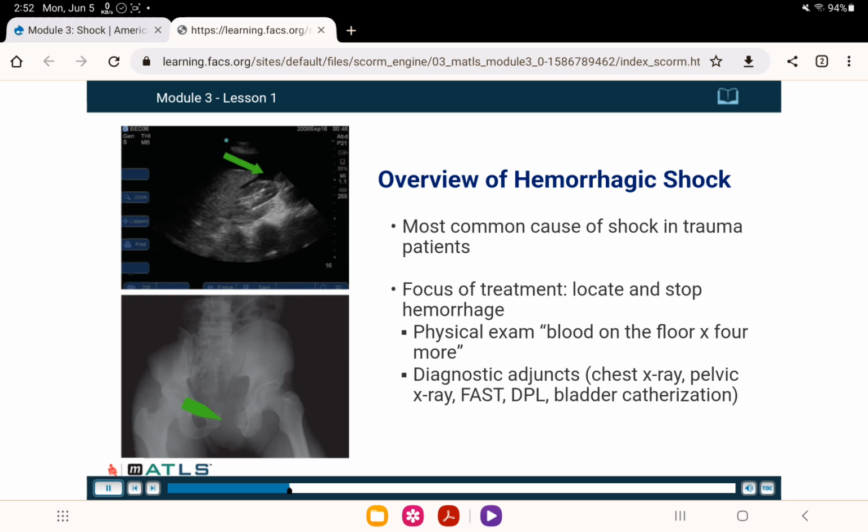Sources of potential blood loss, such as the chest, abdomen, pelvis, retroperitoneum, extremities, and external bleeding, must be quickly assessed. Chest X-ray, pelvic X-ray, FAST, diagnostic peritoneal lavage, and bladder catheterization are methods of locating bleeding.